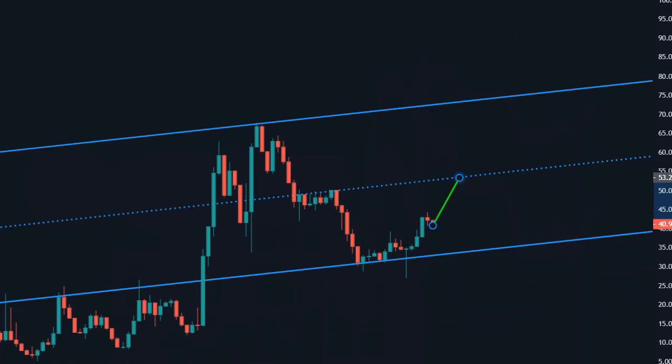We could go to that line, we could go to that line, why not? And of course, make resistance at this upper band. Last time we were at 67, something in that region. I'm pretty sure that altcoins will surpass these levels and gain even more significant gains than in the bull run of 2017.